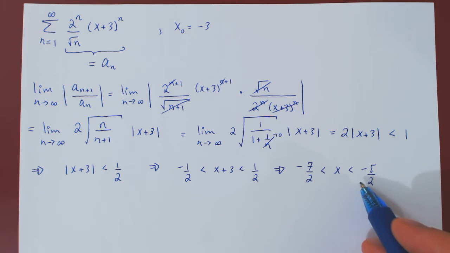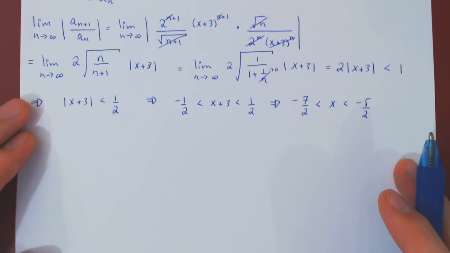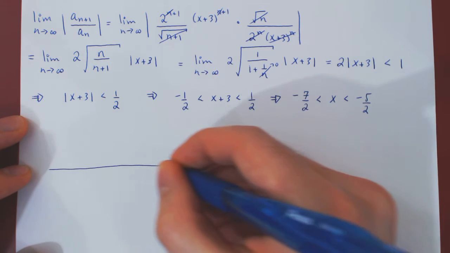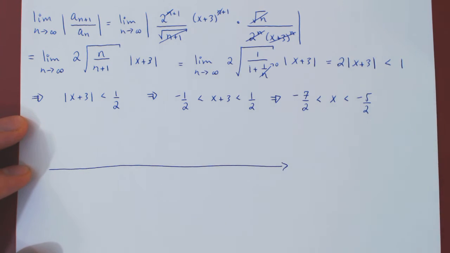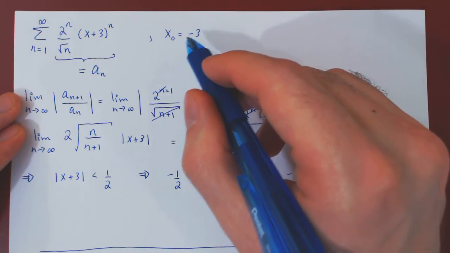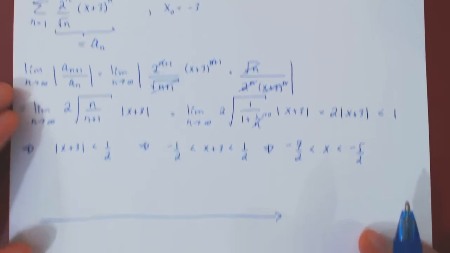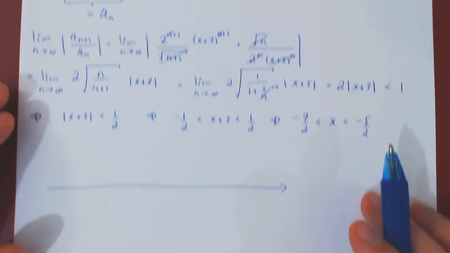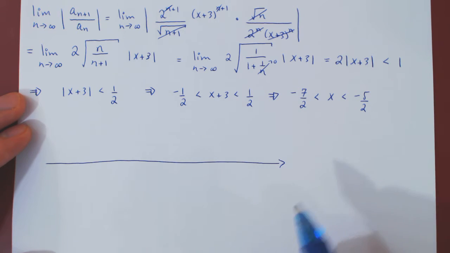Let's visualize this onto the real line. And recall that the center of the power series is negative 3. And you will understand why this is called the center as soon as we consider the endpoints of our interval.